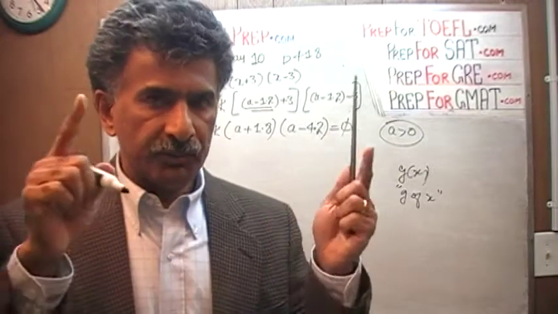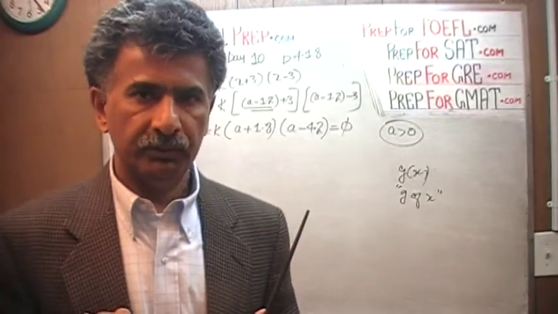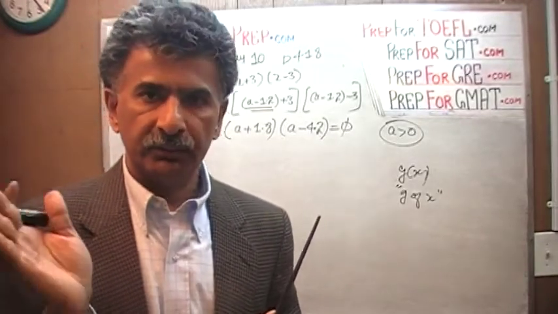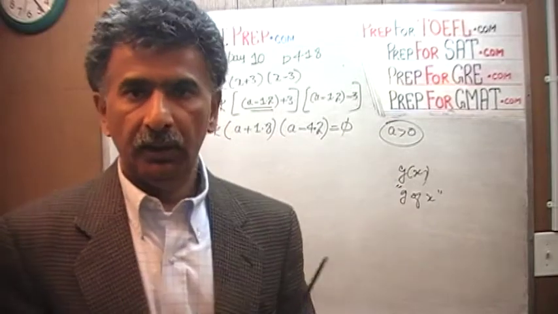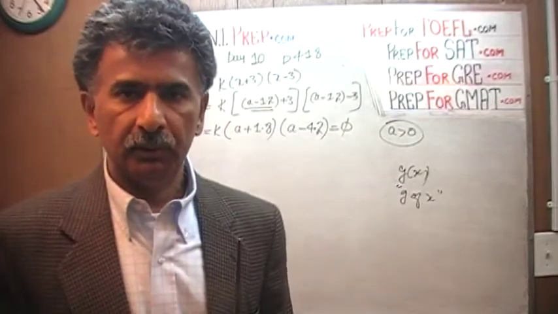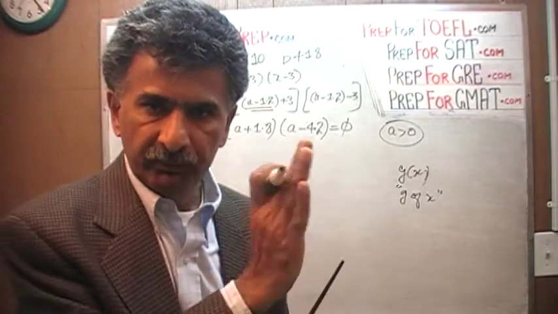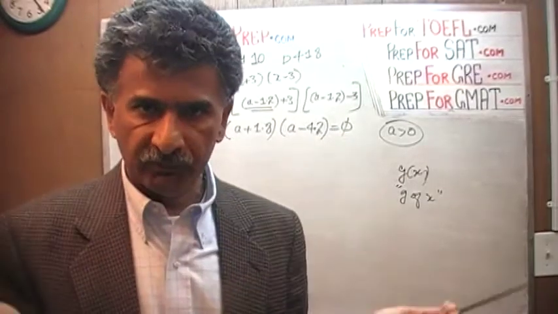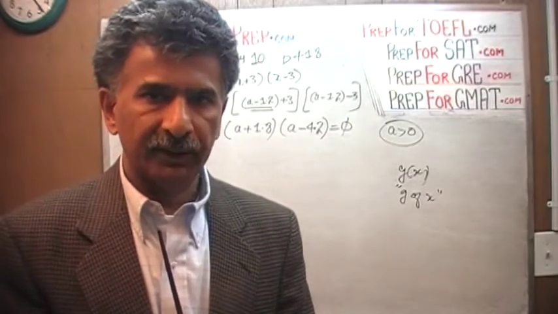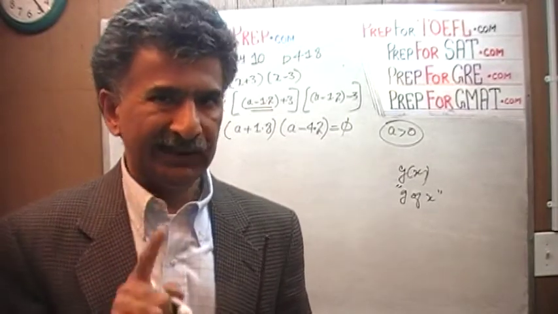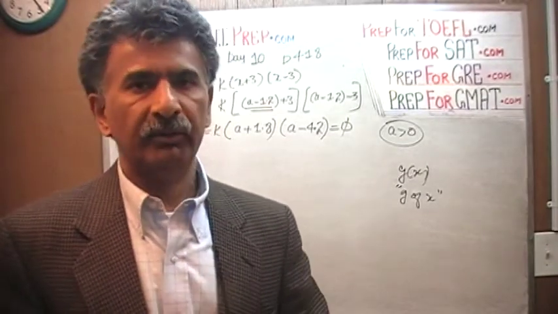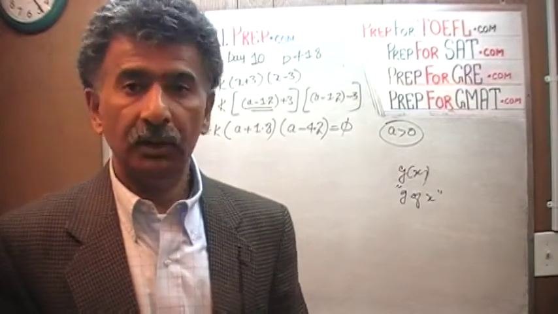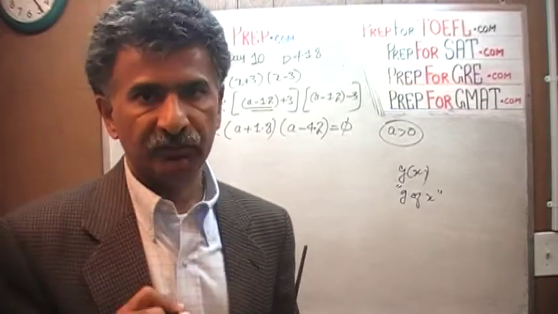Now when you have a whole bunch of quantities, and you're told that when you multiply them one after the other, 5, 6 or 7 numbers in a row, their product happens to be 0, then what that tells you is that at least one of those quantities has to be 0. Maybe more than one of them are 0, maybe they are all 0, but at least one has to be 0.